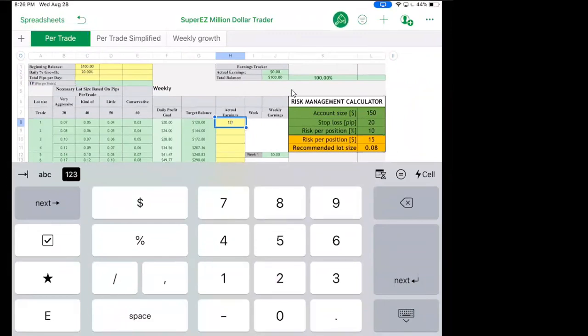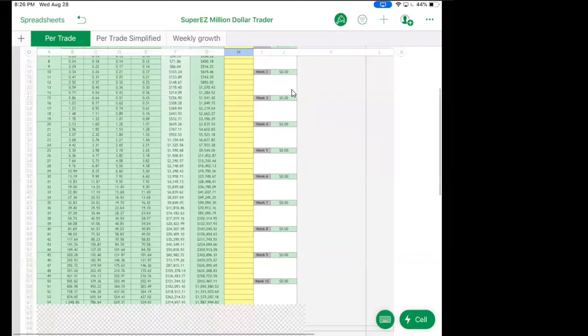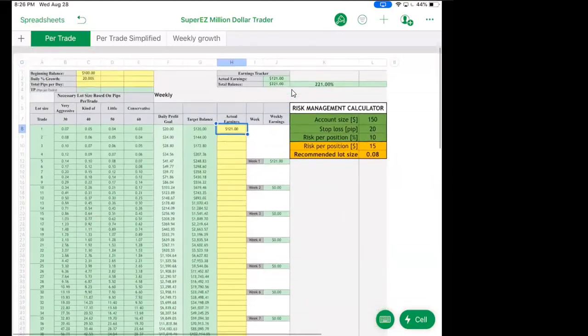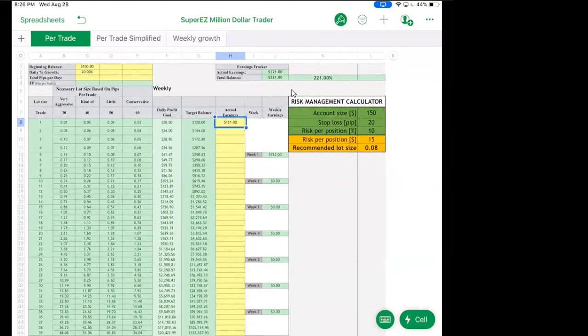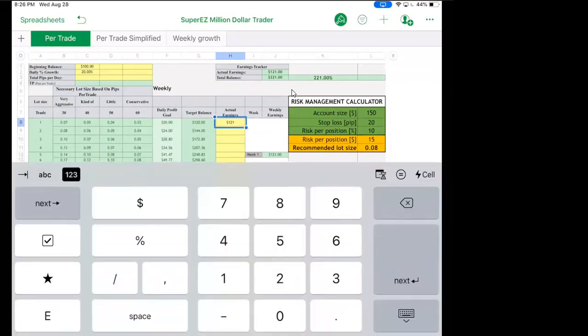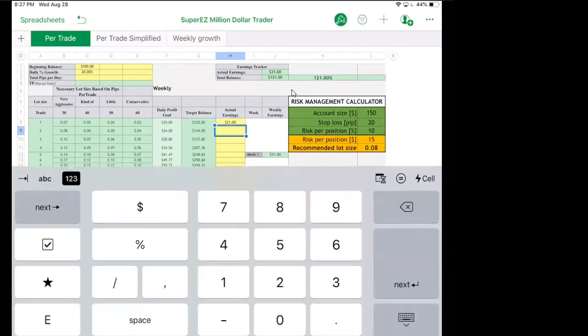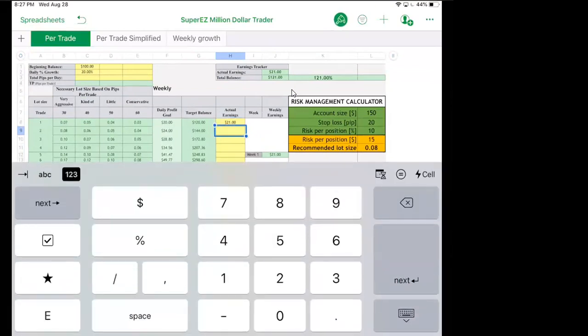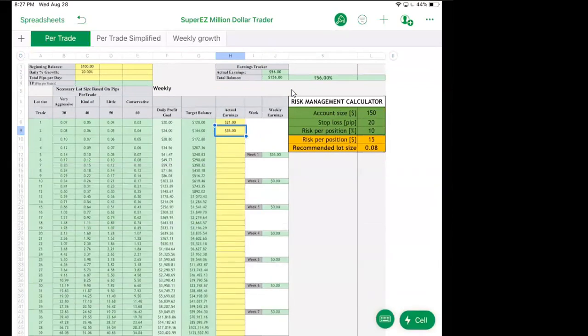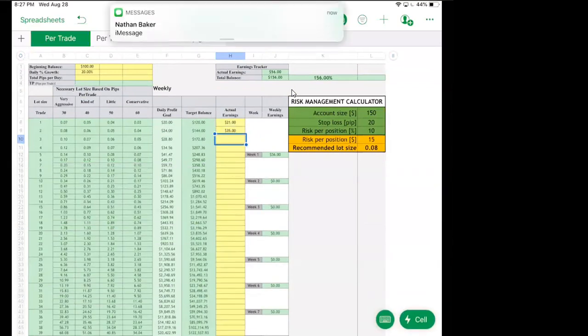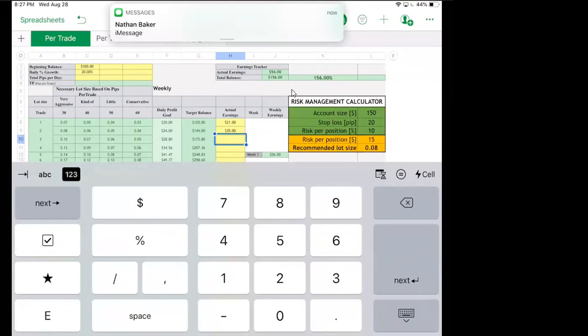That's going to mess me up. So let's say a little differently. My actual earnings that day is 21. My next day, let's say I made 35, I did really well. The next day, on this day, I only made 12, okay?